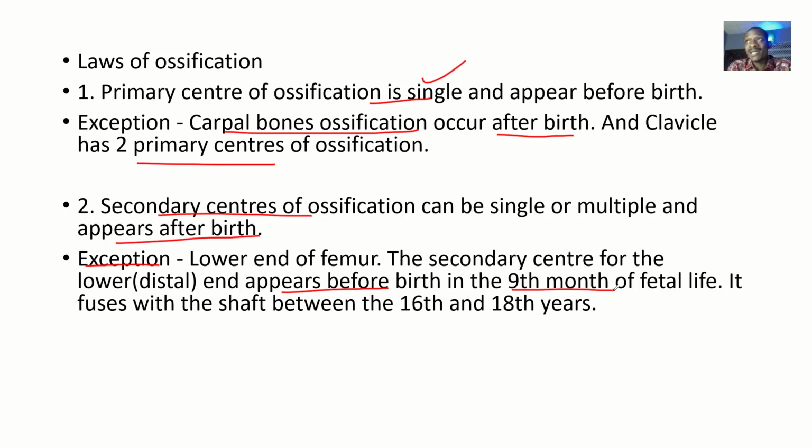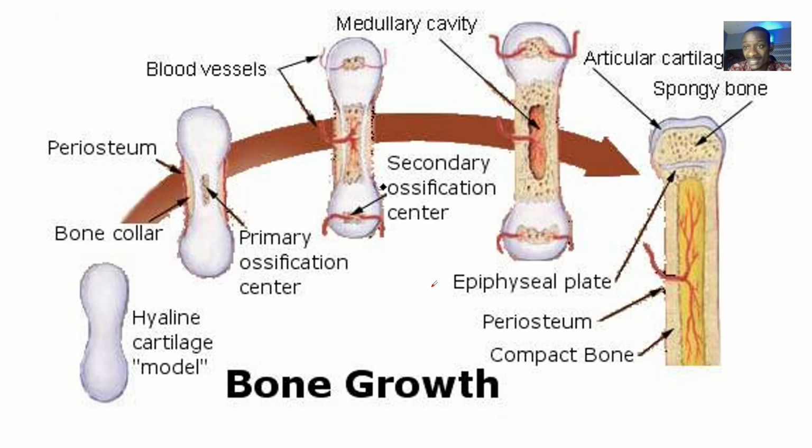It appears at 9 months and it fuses with the shaft between 16 and 18 years. That one is just extra stuff. The main thing is for you to state the exception of the lower end of femur, which appears at 9 months when you are still in your mother's womb, unlike the other centers that will appear after birth.